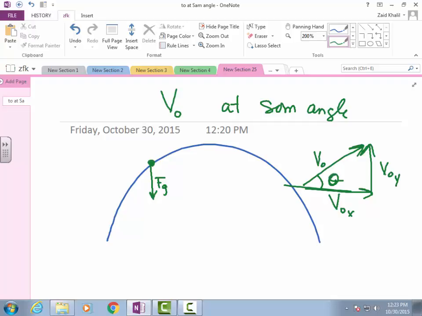But you wouldn't have understood why. That's why I did forces before projectile motion. And so now, why is the acceleration in the x direction 0? There is no net force in the x direction. Force gravity is only acting in the y direction.